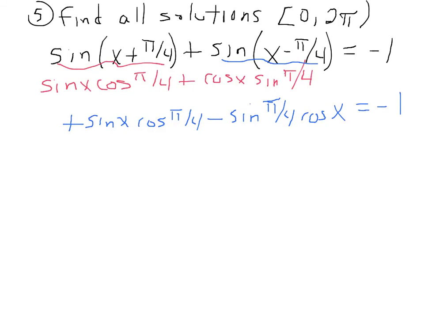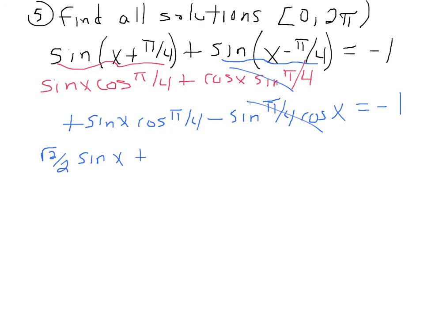Okay, so sine of x cosine of pi over 4, well, that's going to be square root of 2 over 2 sine of x. Here's a positive cosine x sine of pi over 4. Here's a negative cosine x sine of pi over 4. So those two are going to be gone.